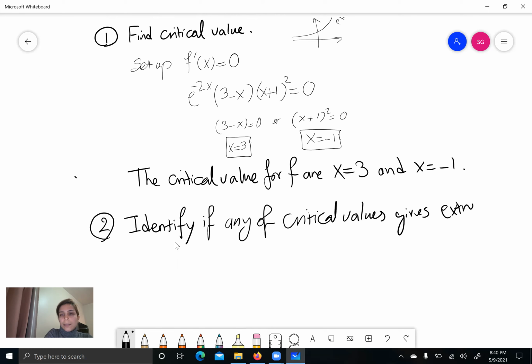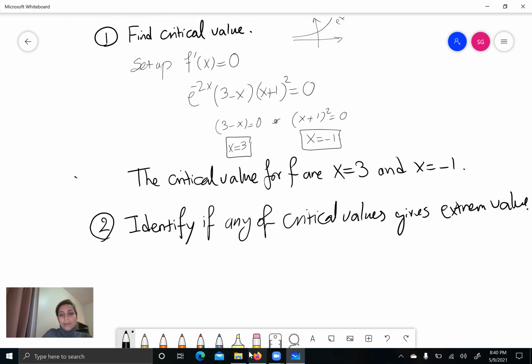So this is the second step. We know that 3 and negative 1 are critical values, but do they give us a maximum, minimum, or neither of them? This is our second step that we need to do.